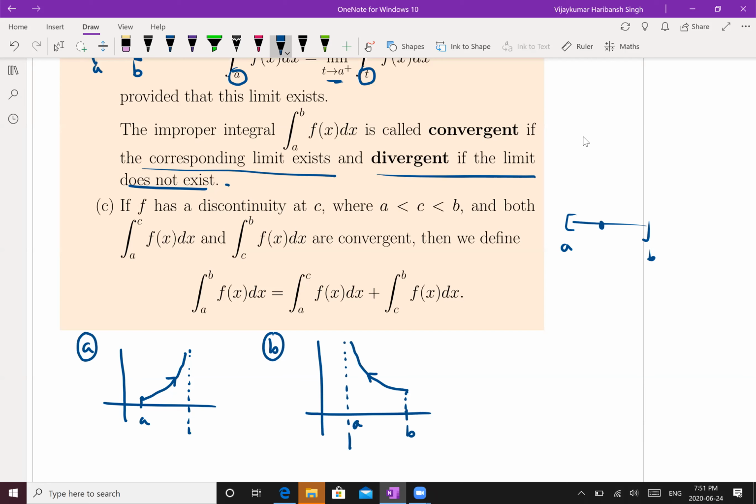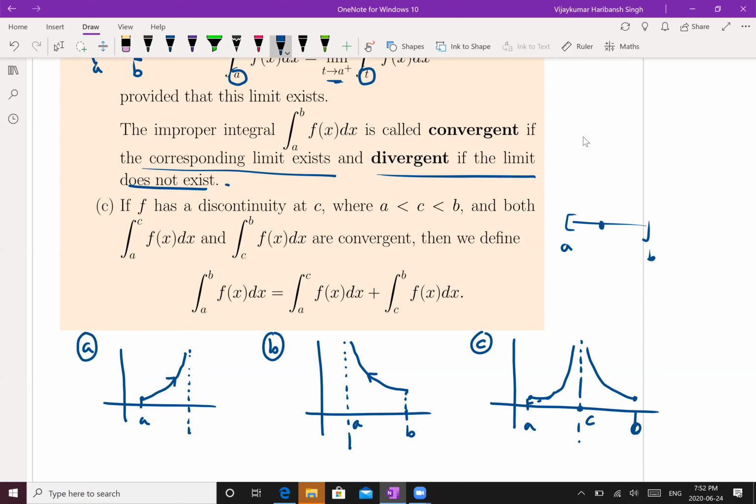And then scenario C, what we do is we break it into two parts like this. So we go from a to c, and then c to b. So this is how we deal with it.